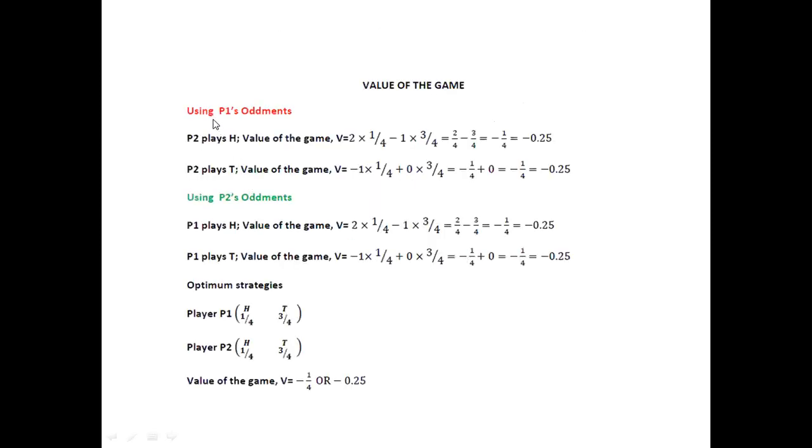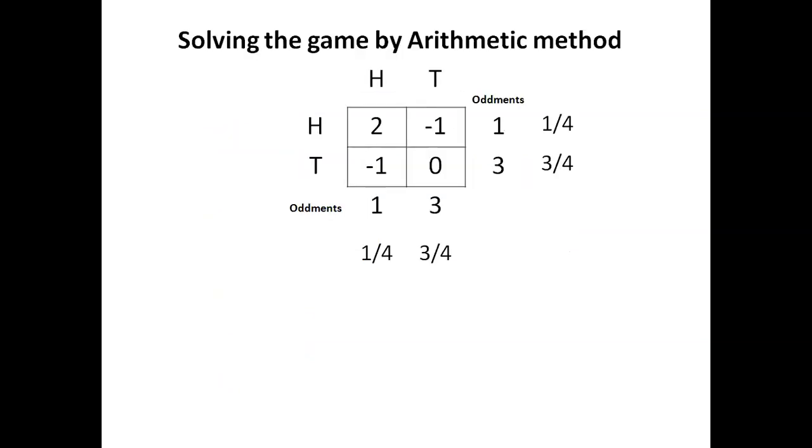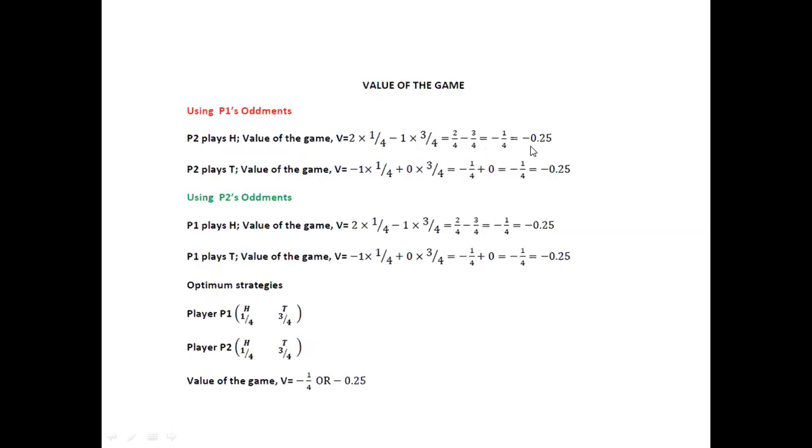You just see here. Value of the game using P1's oddments. The P2 plays with H, that is, the second player is playing with a single strategy, then the value of the game V is equal to 2 into 1 by 4 minus 1 into 3 by 4, that is 2 by 4 minus 3 by 4, that is minus 1 by 4, that is minus 0.25.